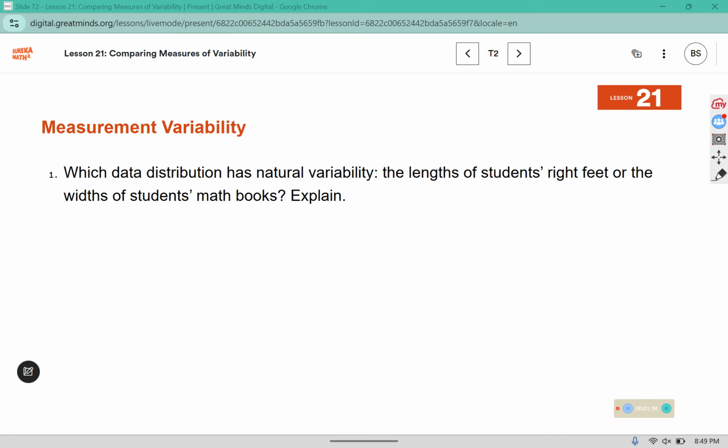So in this case, natural variability is when the characteristics of something is different. So our feet are different sizes.